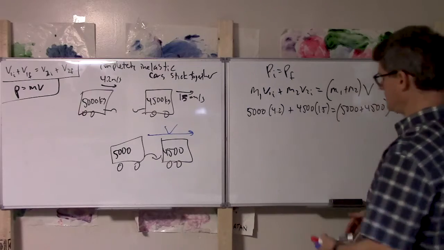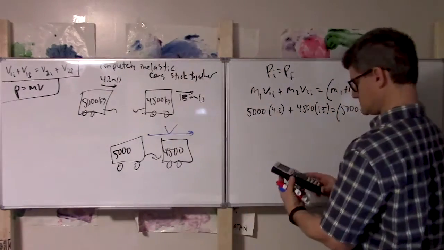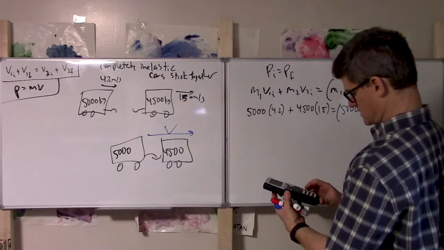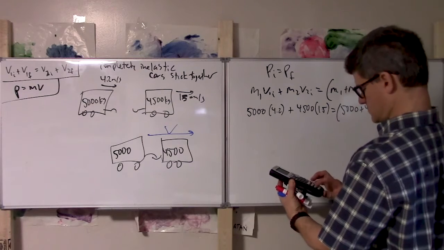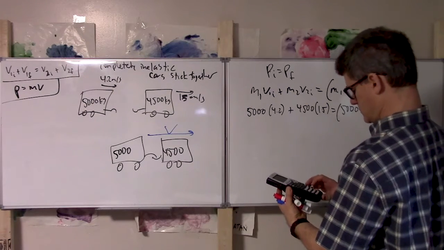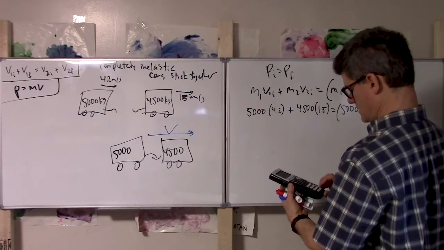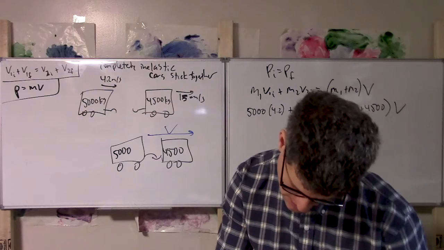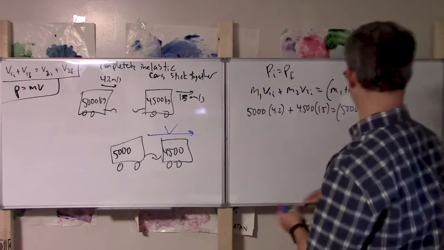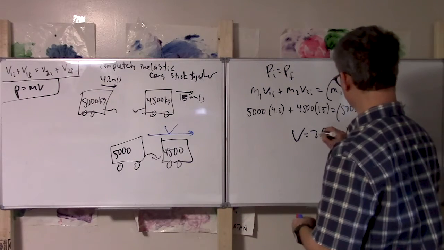So this is a much simpler problem. There's only one equation, and basically you just type it in and solve it. So 5,000 times 4.2 plus 4,500 times 1.5, divided by 9,500, which is 2.92. Let's see if I got it right. 2.92, yes. So big V equals 2.92 meters per second.